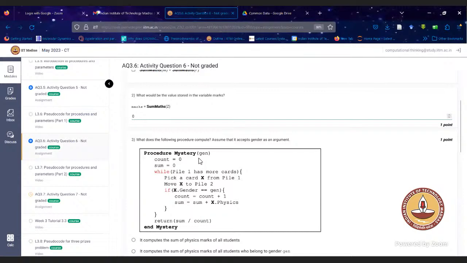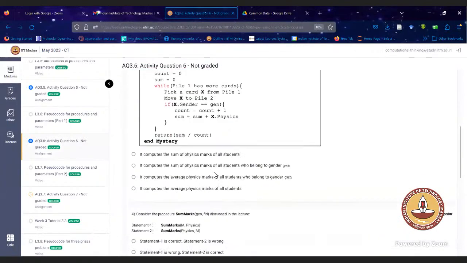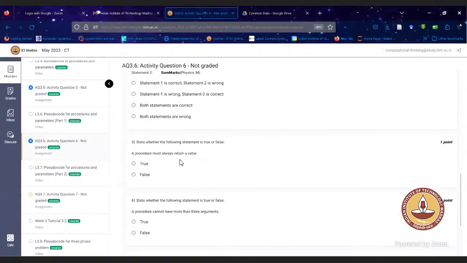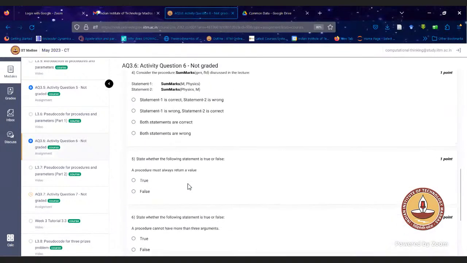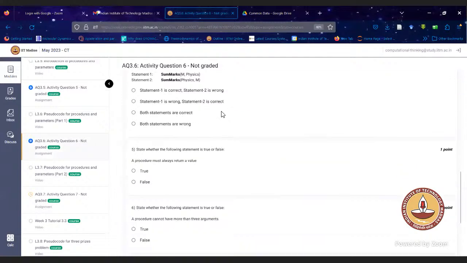It's a different question. Question number 7. Even if it is question number 7, it is calling sumMarks, so you have to look at the procedure sumMarks here. Consider the procedure sumMarks(gen, field) discussed in the lecture. Statement 1 is sumMarks(gen, field).